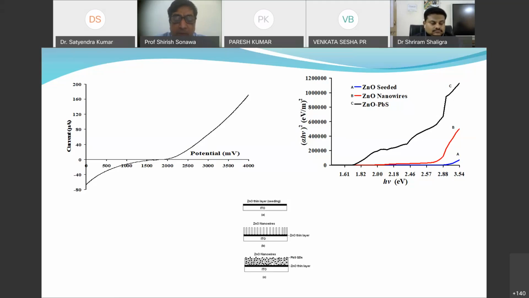Using this ultrasound atomization, we are able to make this deposition. You can see the current versus voltage for the seeded as well as unseeded zinc oxide particles and nanorods for the solar cell application.